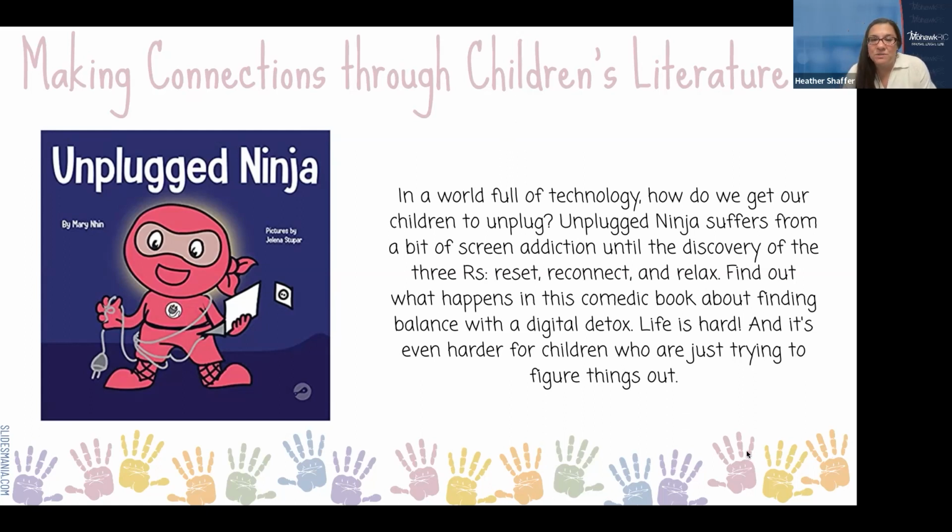But so Unplugged Ninja is having some hard times with some screen addictions and needing to deal with that, and how it's affecting his emotions, and he's reacting to his mom not so well, and so he really needs a digital detox to reset himself. And that's what this book is all about.